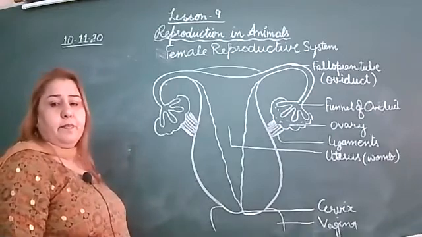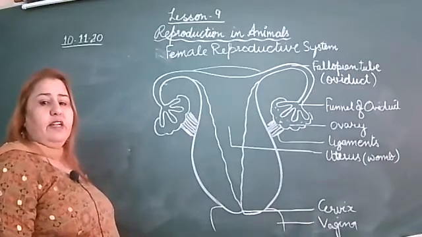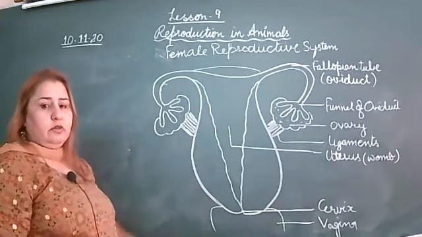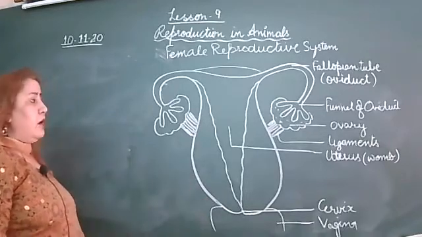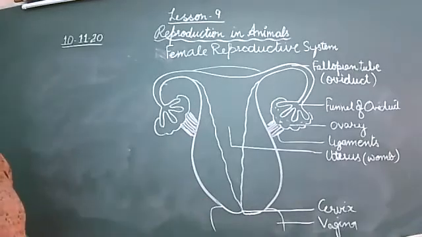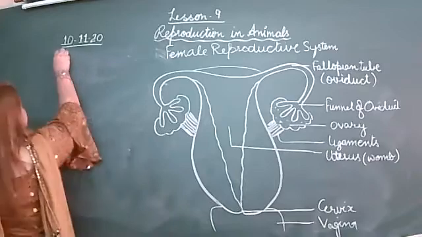Is it clear, beta? Now we will discuss each part. We will discuss the parts of the female reproductive system. You will write down, it consists of a pair of ovaries, as we had written over there.